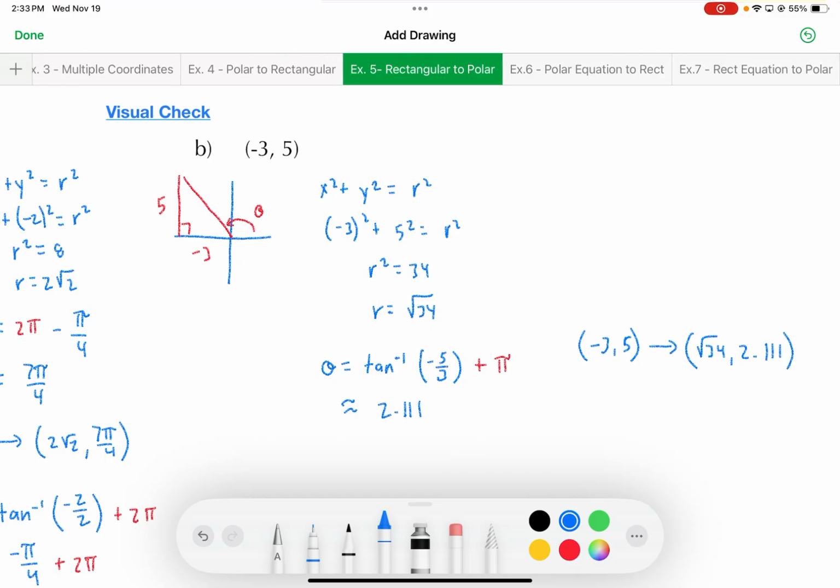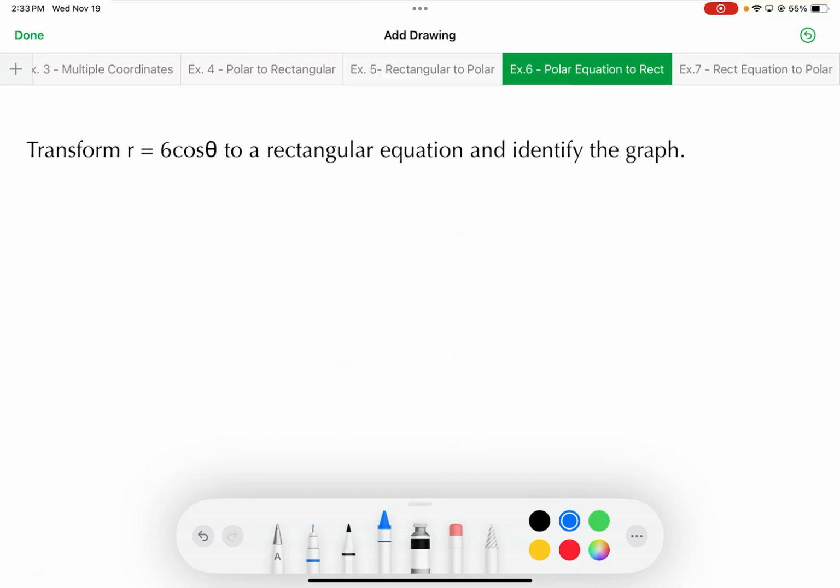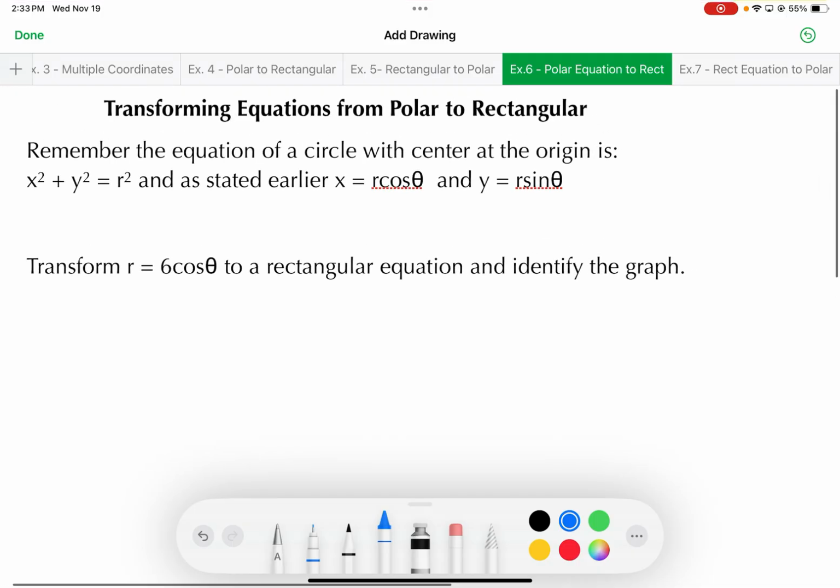All right. Example 6, let's give you a quick taste of an equation that's in polar form. We want to convert it to rectangular form. Well, consider what equations we do have that relate polar and rectangular. We've got the Pythagorean theorem, and we have these two new ones we just came up with today.